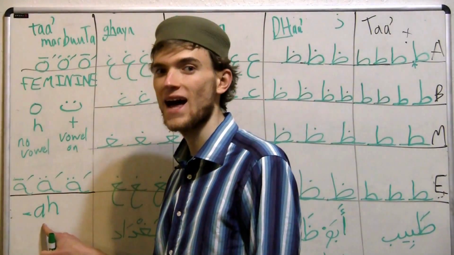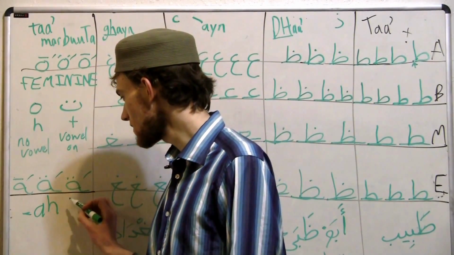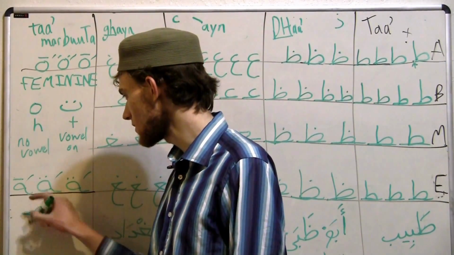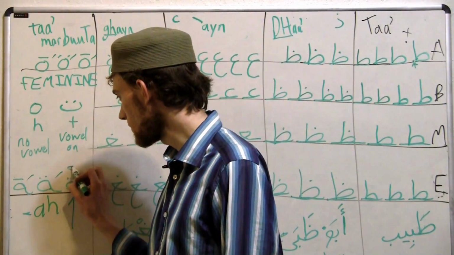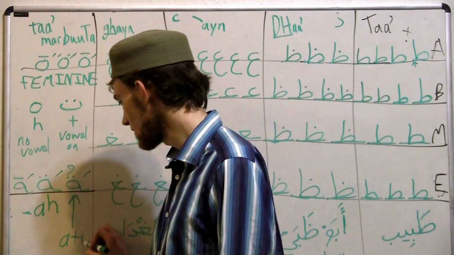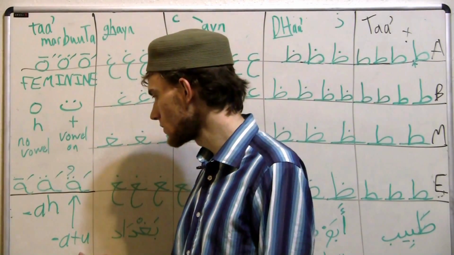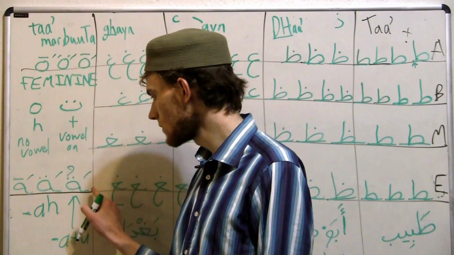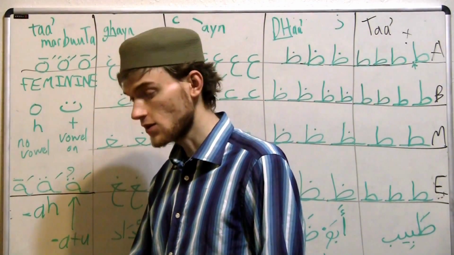Everyone say for me, ah. If there is a vowel on it, so say we're putting a dhamma on here, it becomes atu. Right? Everyone say atu. Okay.